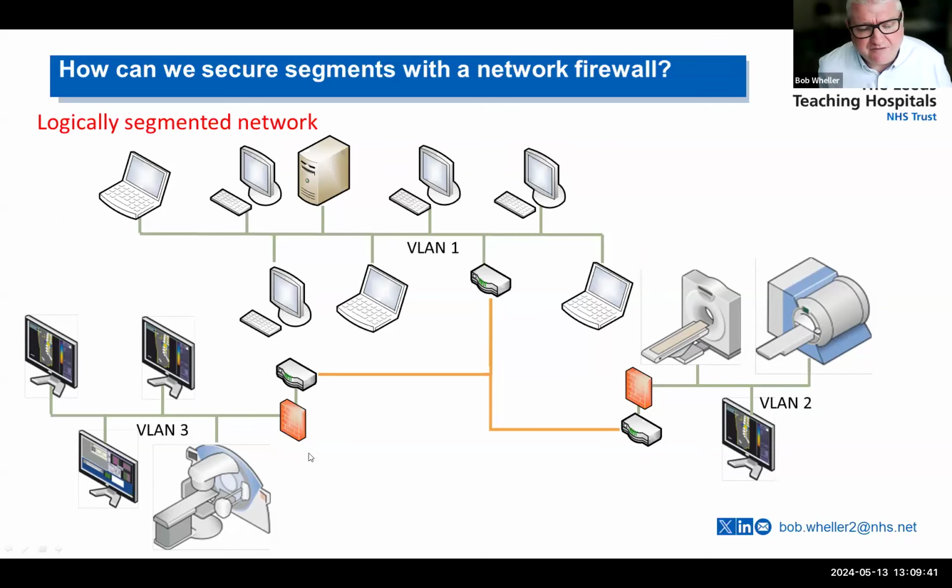So we simply add a firewall between the router and our logically segmented networks. In this scenario, we've got a firewall sat between the radiotherapy network and the rest of the hospital, and we've got a firewall sat between the radiology network and the rest of the hospital.